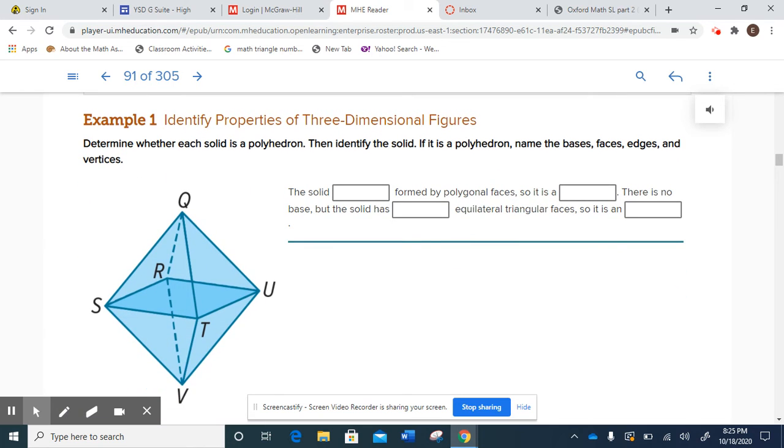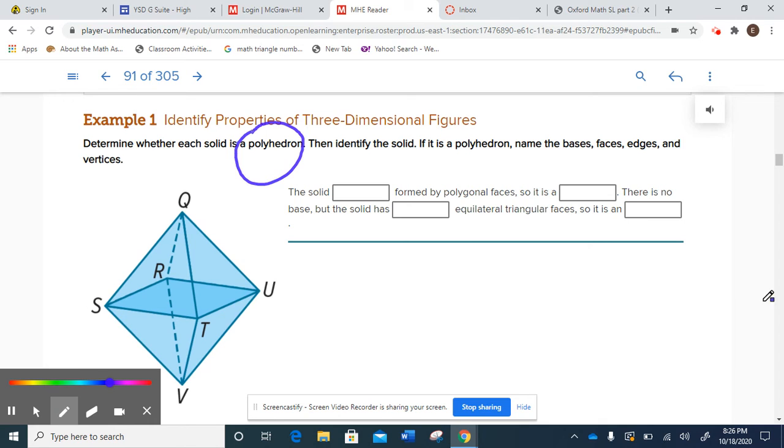Okay, so example 1. We have this shape here. It says determine whether each solid is a polyhedron, then identify the solid. If it's a polyhedron, name the bases, faces, edges, and vertices. So yes, it is a polyhedron.